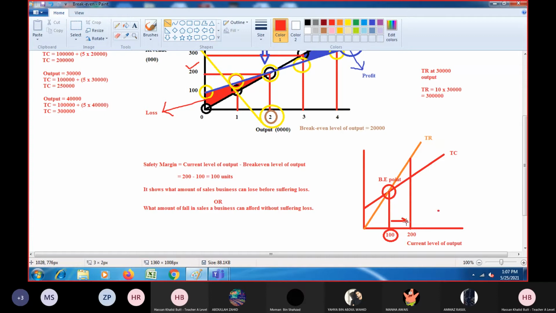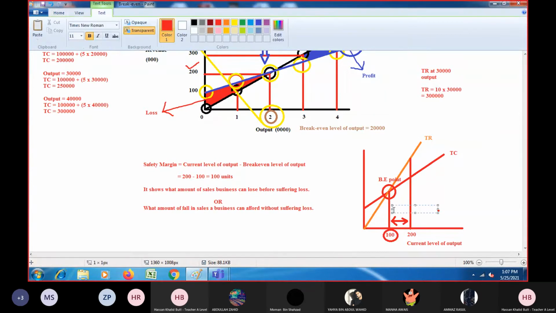Okay, so it is very important to know about this, because if sales are falling, let me give you an example: an off-peak season is there and sales are falling because there is not much demand. Maybe the peak season will come after 3 months, for example. So businesses will see by looking at the safety margin how much safety margin they have.